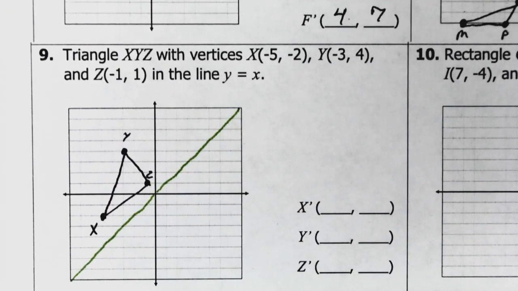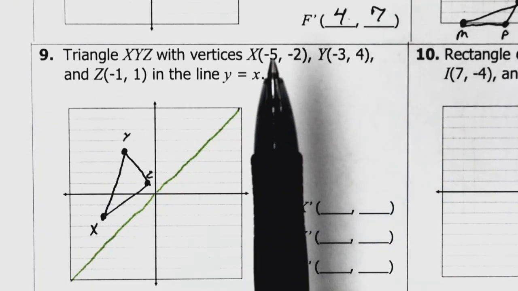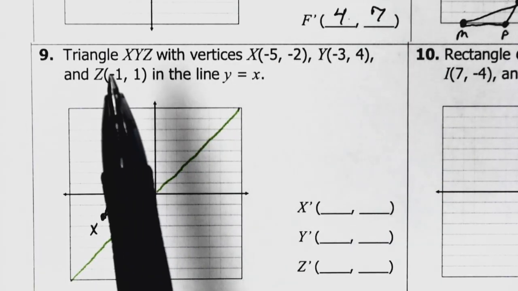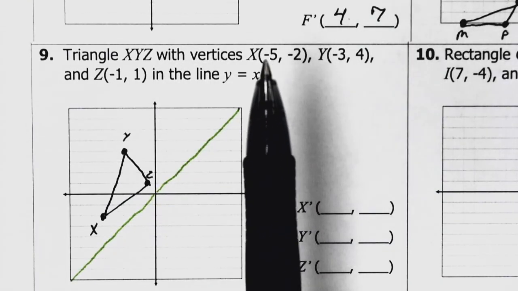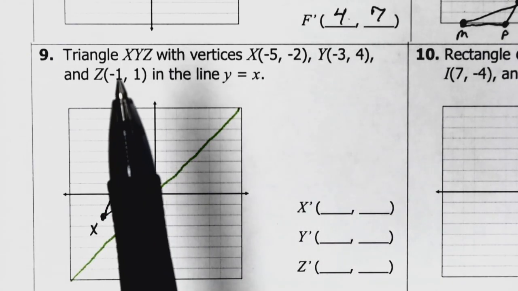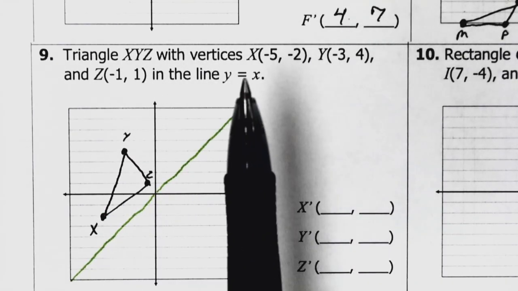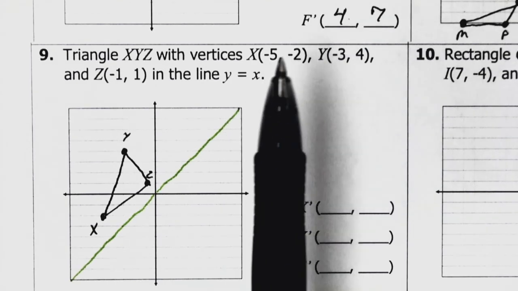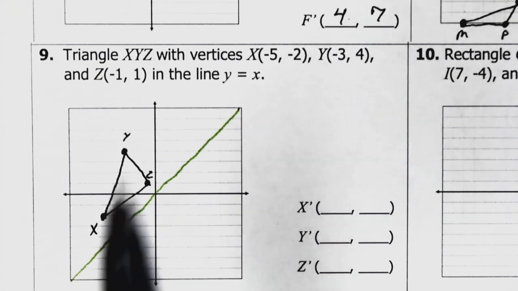So the way it's going to work, it's not really going to be like counting the distance, but what it's going to do instead is we're going to manipulate the original coordinates. So like X is at -5, -2, Y is at -3, 4, Z is at -1, 1. So anytime you're reflecting over y equals x, all we're going to do is take these two coordinates and swap them.